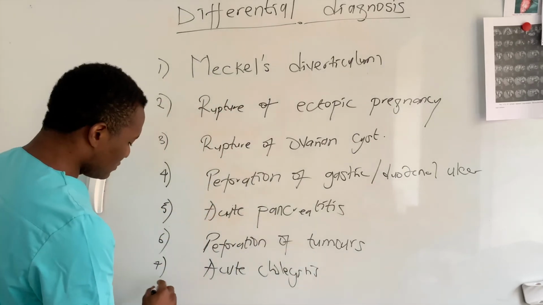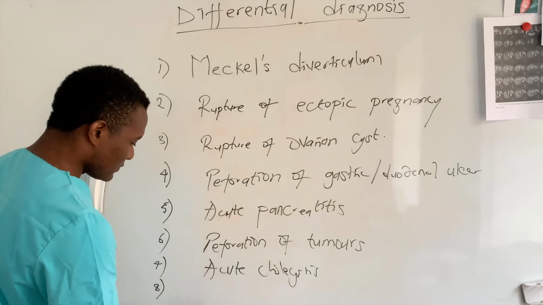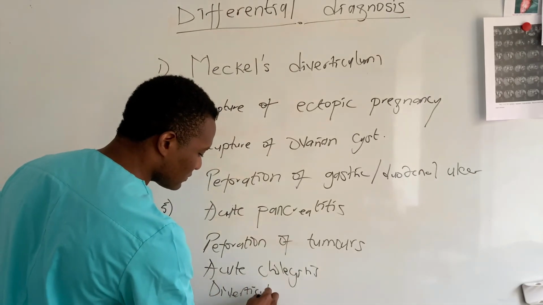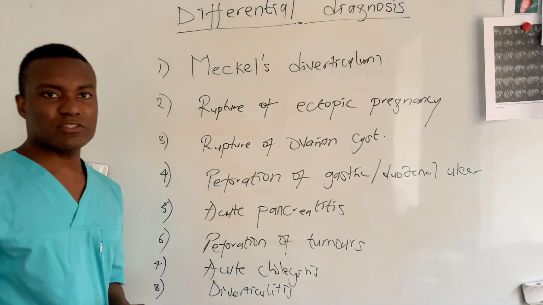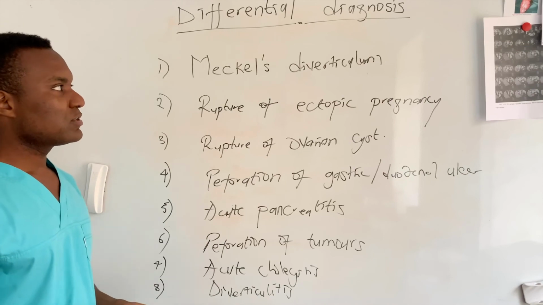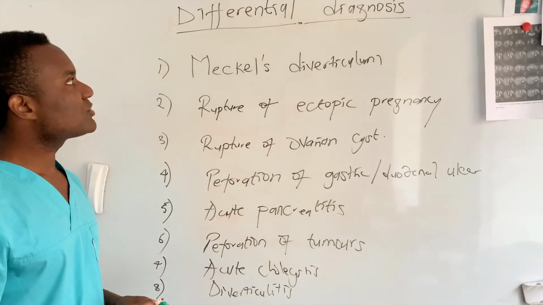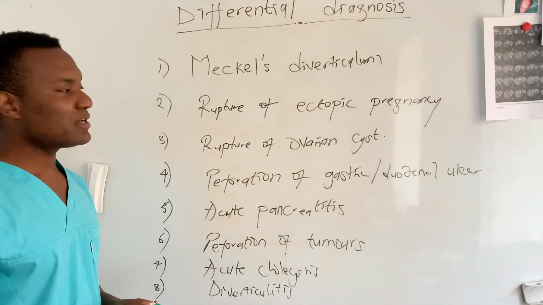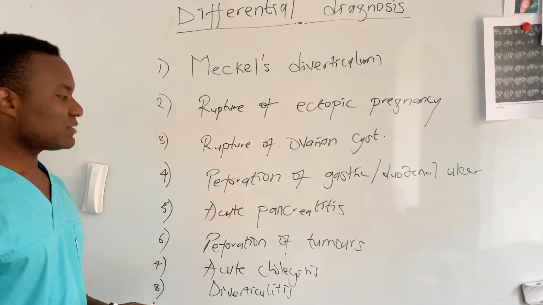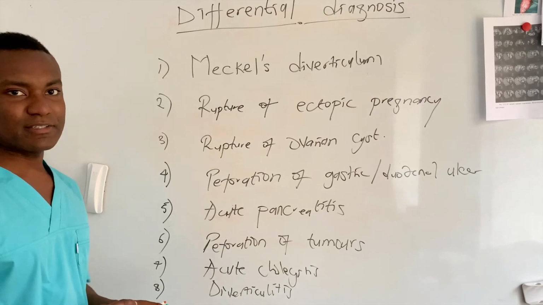We can add more, diverticulitis, and so on and so forth. But these are the most common, and for the brief knowledge of what appendicitis is and what to expect in the case of appendicitis, you should remember at least these 8 diseases.